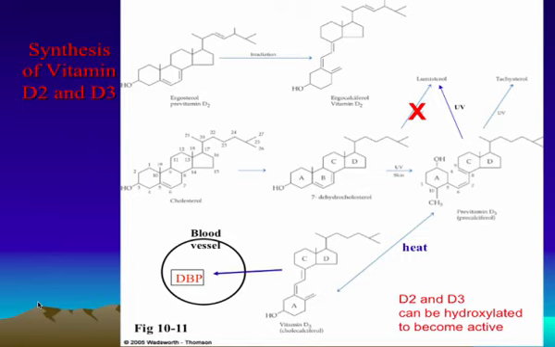Once pre-vitamin D3 is synthesized, when it's exposed to body heat, and this is anywhere from hours to a few days, basically body temperature, pre-vitamin D3 is converted to vitamin D3, and that's called cholecalciferol. If you look at what's happened, when that 7-dehydrocholesterol was exposed to UV, this ring opened.